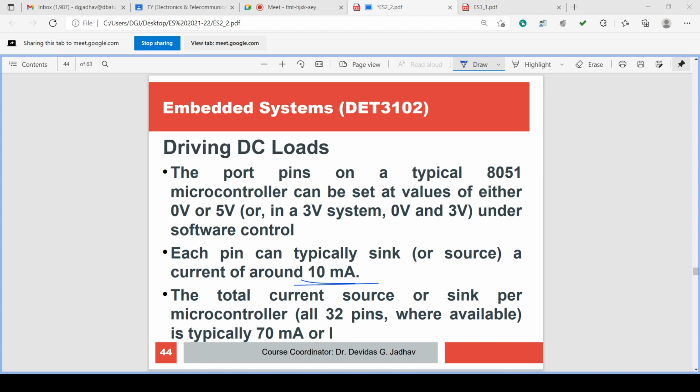Otherwise, if the limit is 10 milliampere and we are sending 20 milliampere, that will burn the port pin. Or if the limit is 20 milliampere and the external circuitry is drawing 50 milliampere, that also burns the port pin. Okay.